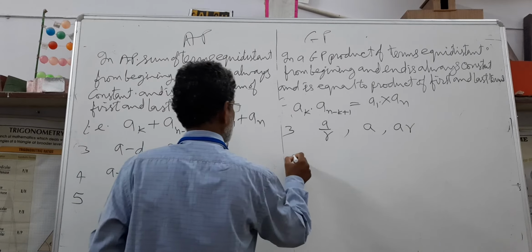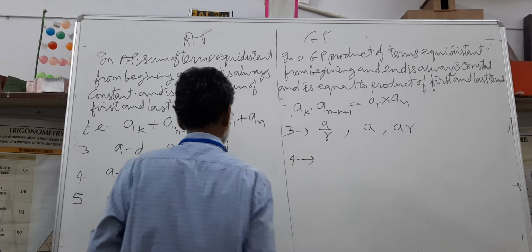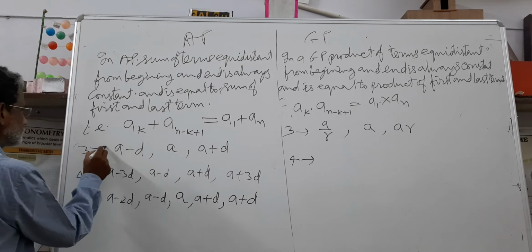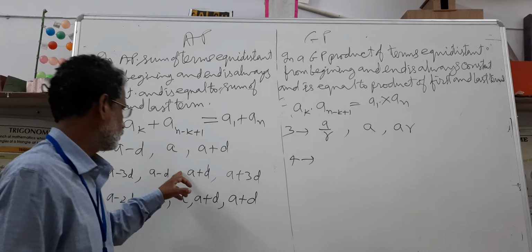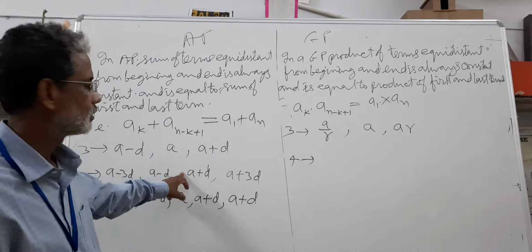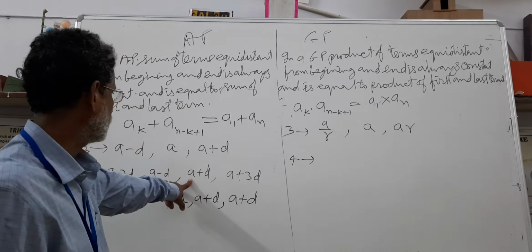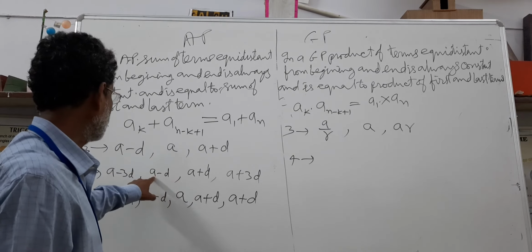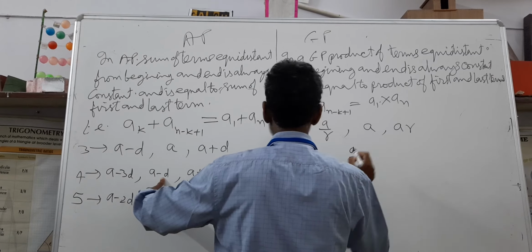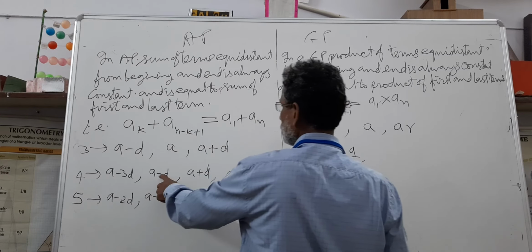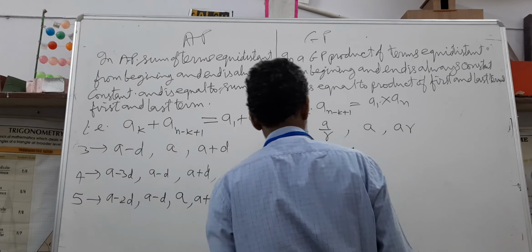If you want to select 4 terms in GP, there is no main central term A. There are 2 central terms, A minus D, A plus D. A minus D changes to A by R. D changes to R, difference changes to division.